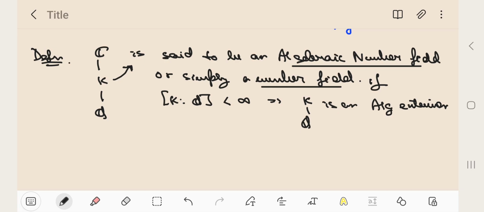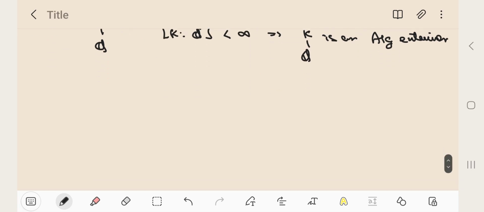Now we come to the primary goal of this lecture. I'll just quote it and then we will continue with our discussion. So what are we trying to specifically do?